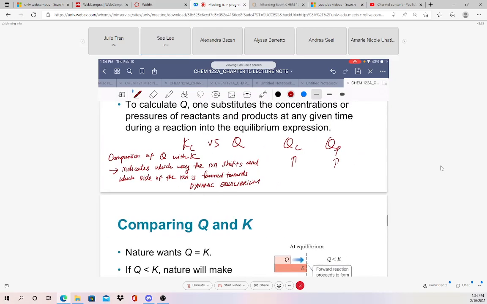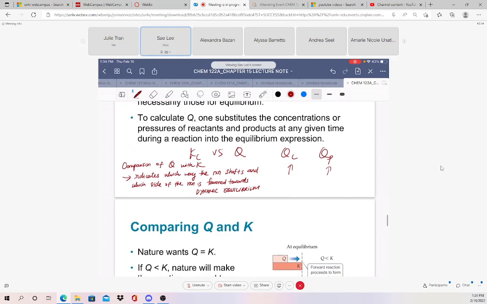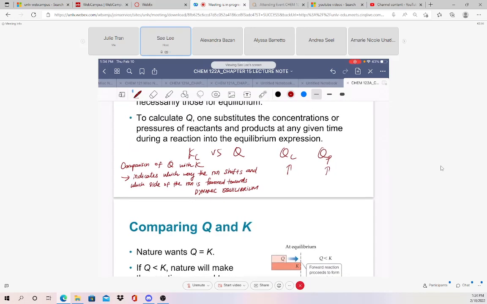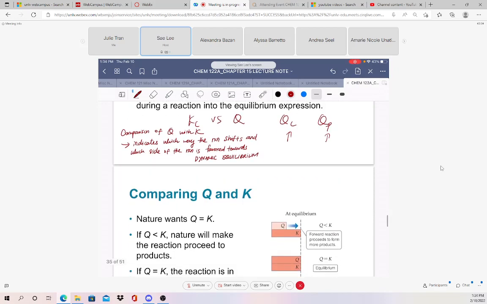That's why comparing Q to K is important. Let's take a look at the example.